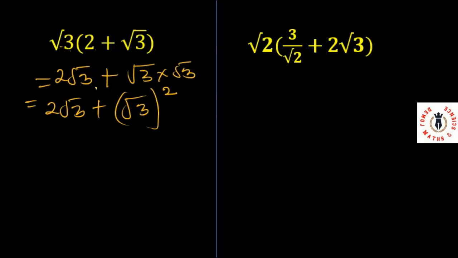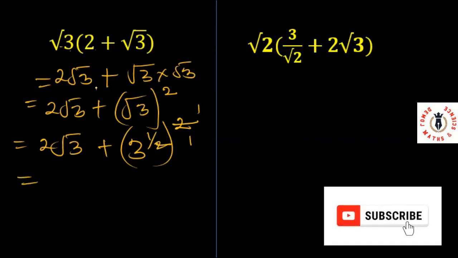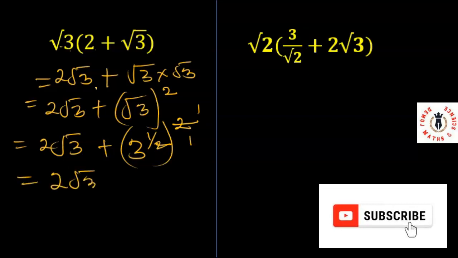So we have 2 root 3 plus 3 raised to power half all raised to power 2. The 2 here is 1, so my answer becomes 2 root 3 plus 3. Because there's no like term here for addition, I end it here.